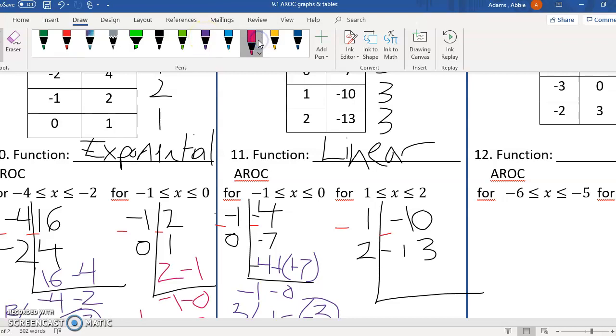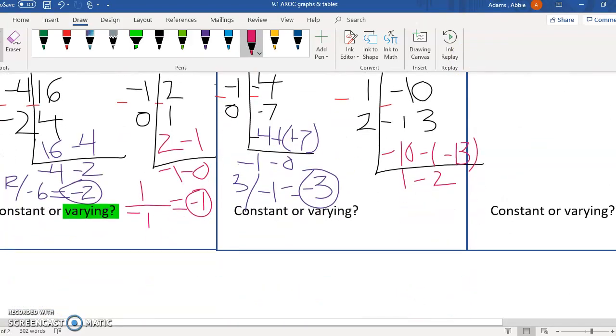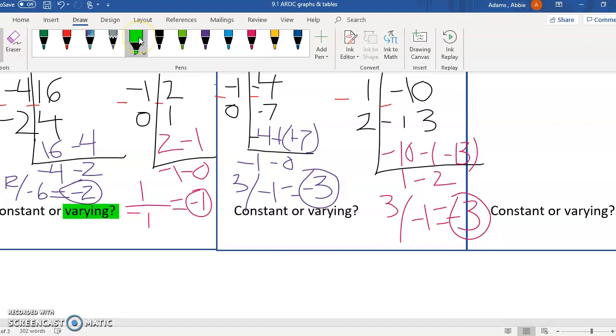Our numerator is going to be negative 10 minus negative 13, and our denominator is going to be 1 minus 2. Negative 10 minus negative 13 is the same thing as negative 10 plus 13, which is going to give us a positive 3 on top, and 1 minus 2 is negative 1 on bottom. 3 divided by negative 1 is negative 3. Negative 3 equals negative 3, so therefore this has a constant rate of change.